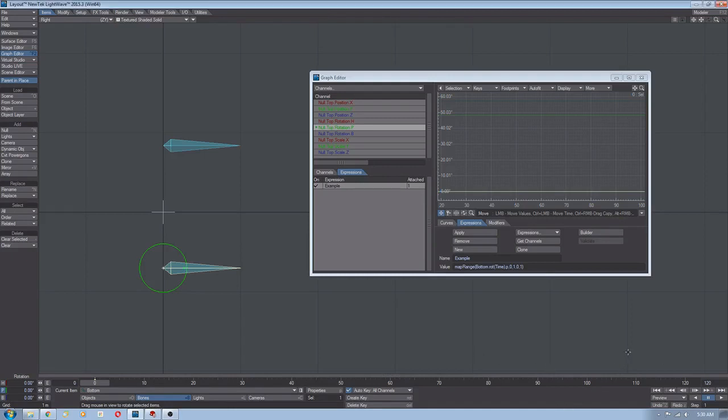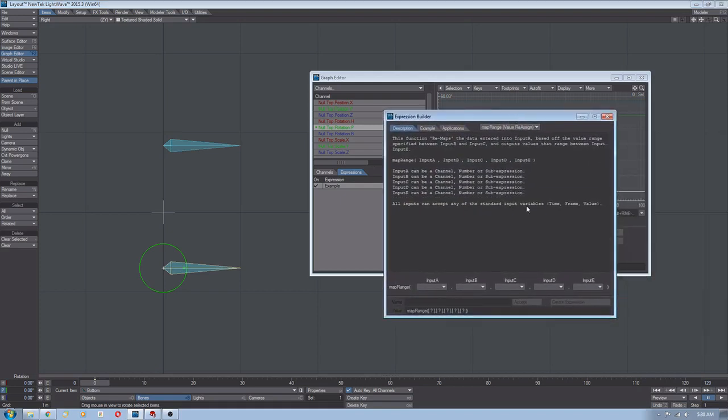Okay, so what we have here is the map range function, and the only thing it does is reassign values. Basically, it works just like a ratio. So if you go into the builder and you look at the directions, you can see this function remaps the data into input A, which is what I showed.